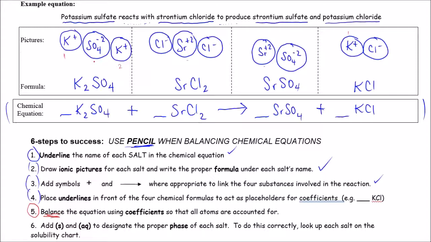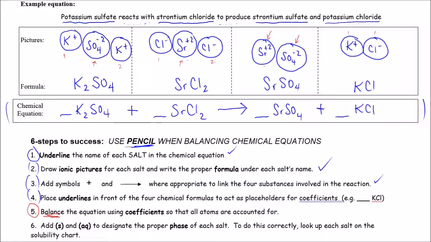Sulfate's okay. You can see there's 1 sulfate here. I see 1 sulfate here, no problem. Let's look at the next set of atoms. Strontium is accounted for. It appears in the products, no problem. But chloride is a problem. I see 1, 2 chlorides. I see 1 chloride in the products.